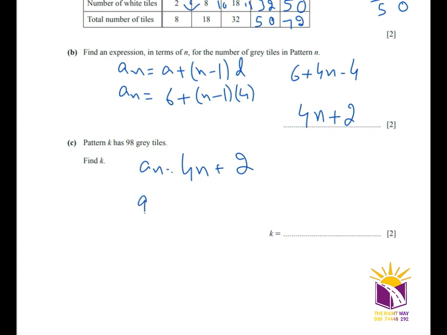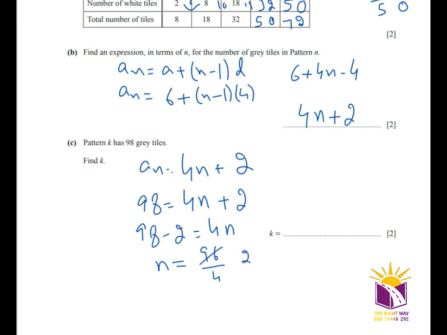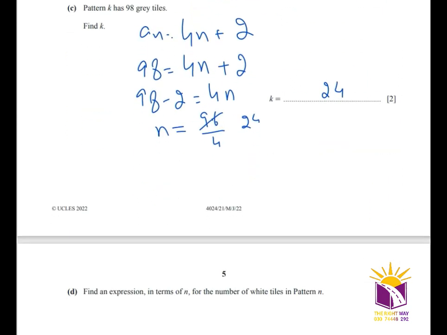So it will be 98 equals 4n plus 2. 98 minus 2 is equal to 4n, and n will be equal to 96 divided by 4. 96 divided by 4, 4 times 16. So our pattern will be the 24th pattern. So K will be 24.